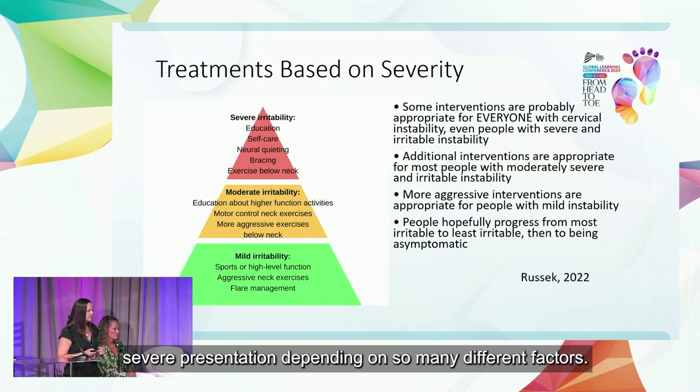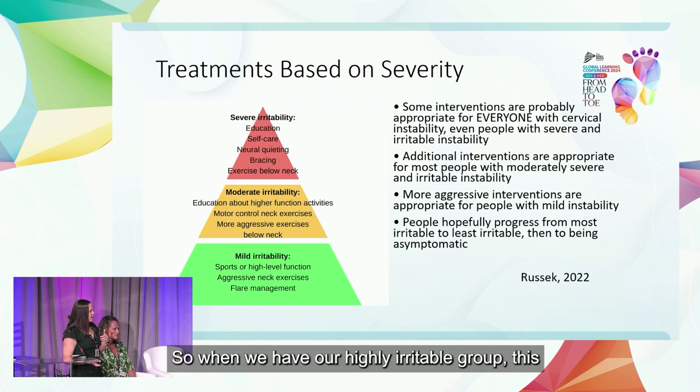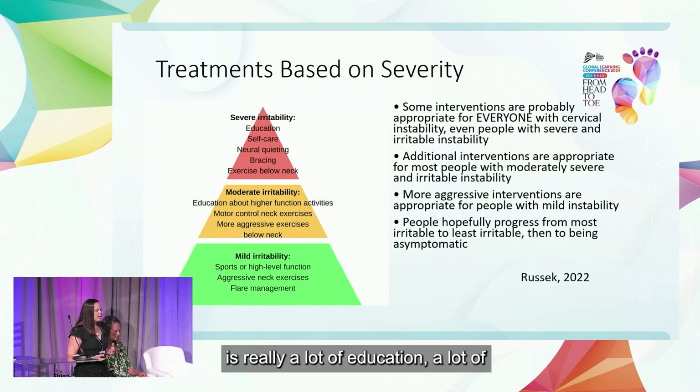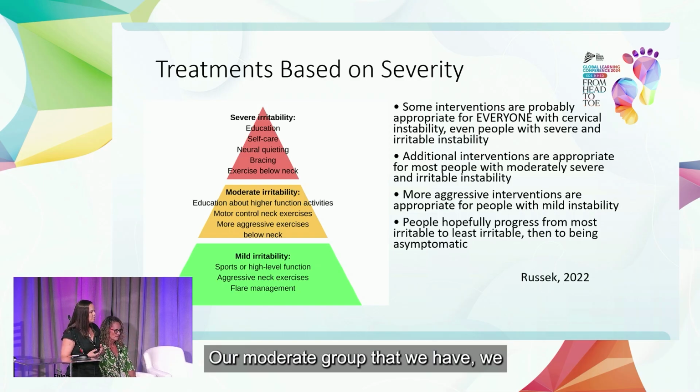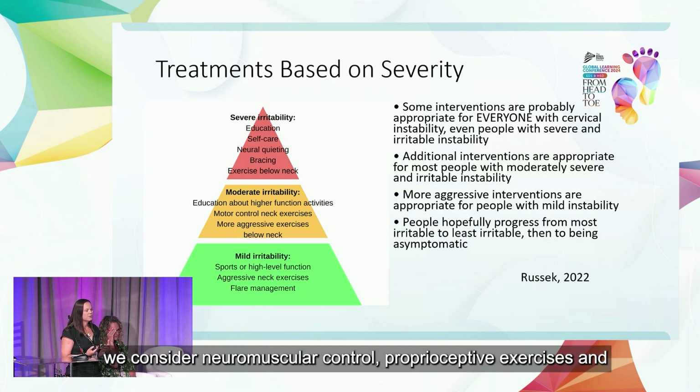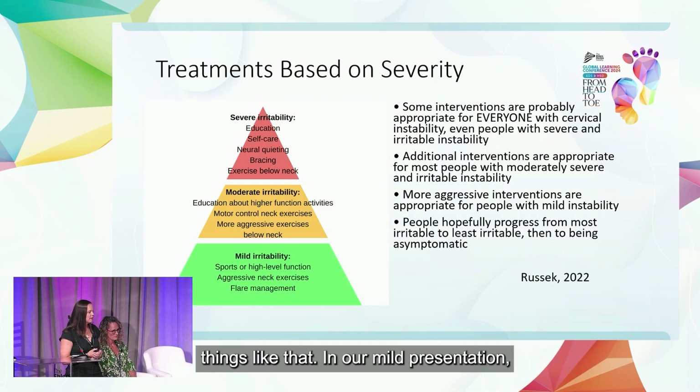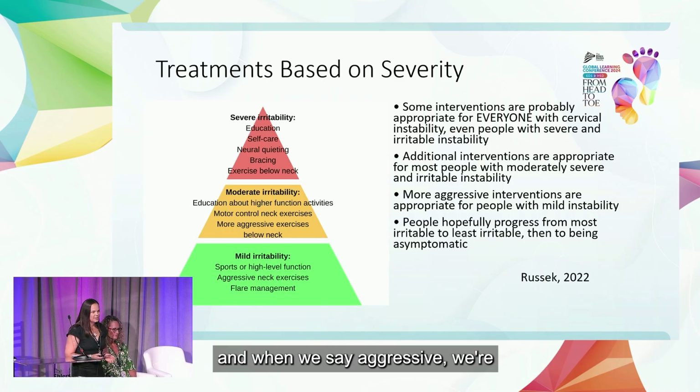So when we have our highly irritable group, this is really a lot of education, a lot of neural calming that we do with them. Our moderate group, we can start to put in more of what we consider neuromuscular control, proprioceptive exercises, and things like that. In our mild presentation, and when we say aggressive, we're talking about aggressive for instability.